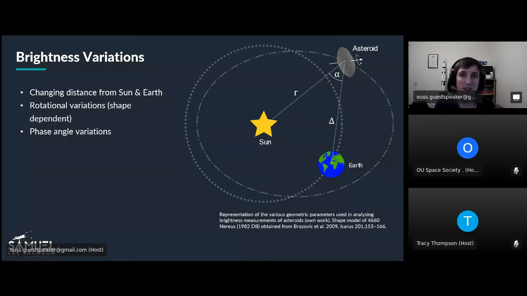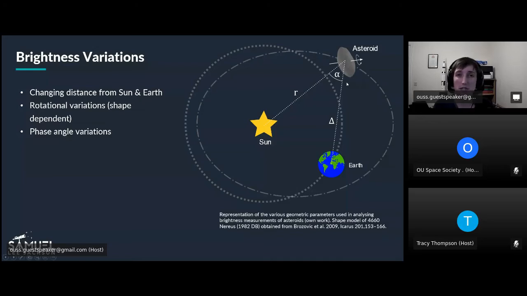Now, we don't care about these brightness variations because we know why they're happening. It's because of the changing distances. So what we do is we correct these to some reference position so we can get consistent brightness measurements for any asteroid at any point in its orbit. And that leaves what we call the rotational and phase angle variations.